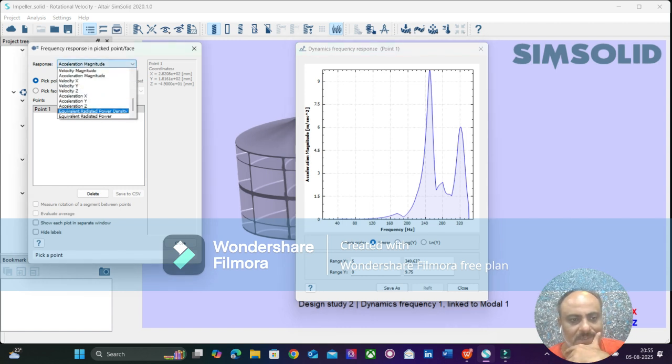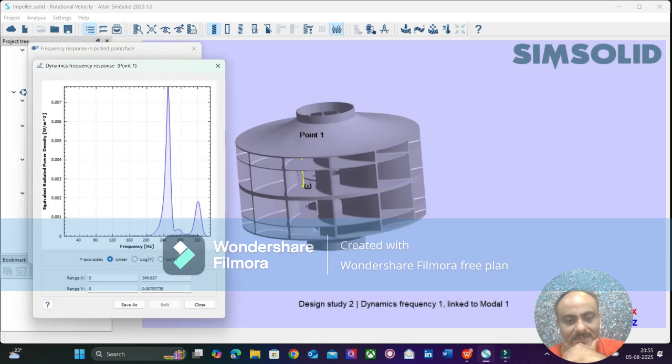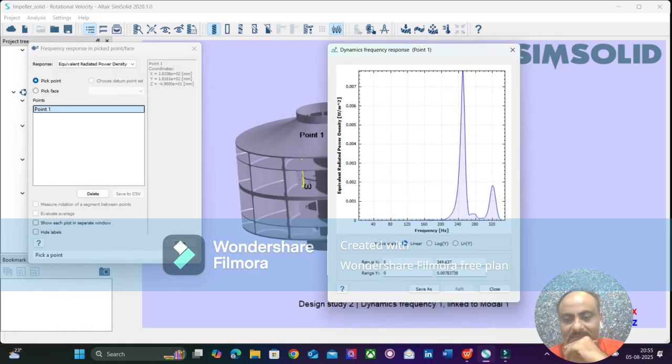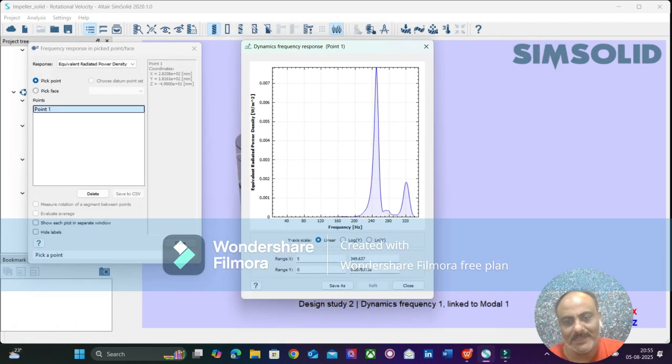And now let's see what is the power spectral density of the system. The power density. So this is the power density, and this is going to be the plot or the impulse that will be generated on the structure to find out whether it is going to be safe. And this is how the durability analysis or simulation is performed.